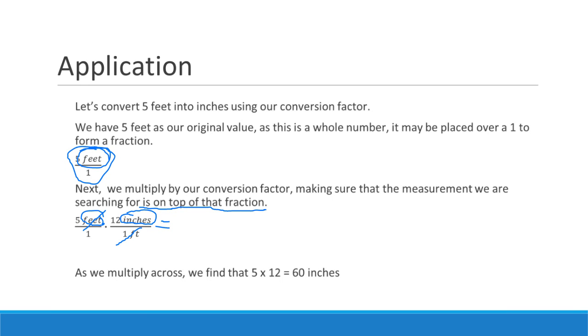And that is going to equal 60 inches, right? 5 times 12 is equal to 60 inches. Okay, so that very basic structure is how conversion factors are always going to be set up.